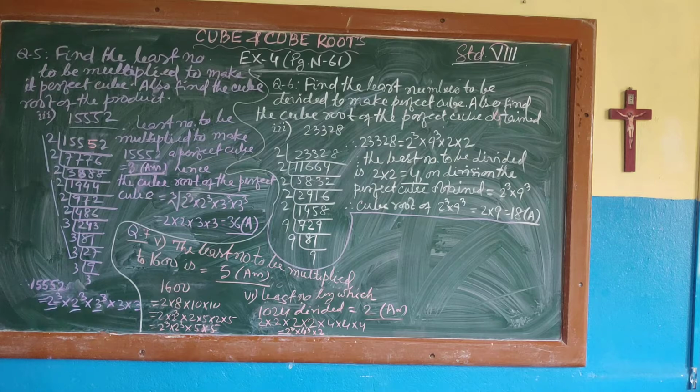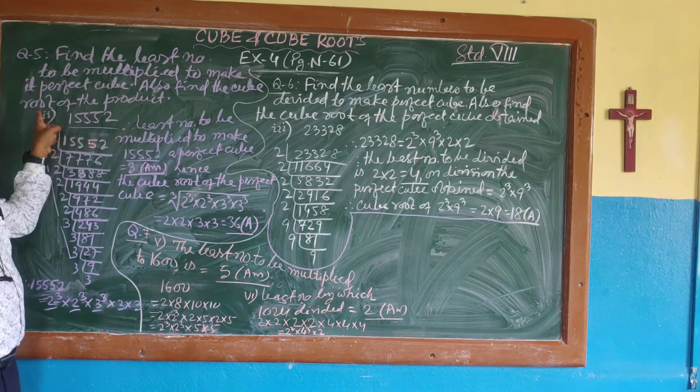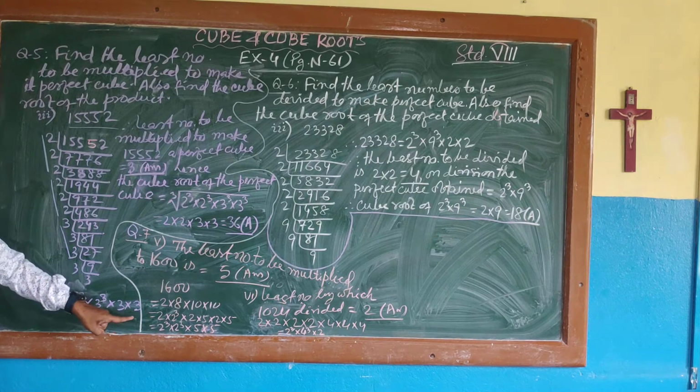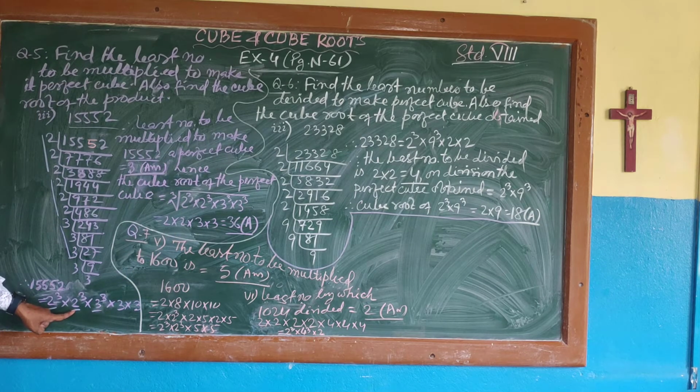That is the first answer. Now also find the cube root of the product. If you multiply this with the least number, whatever product comes, what will be its cube root? So you have written 2 cube, multiply 2 cube, multiply 3 cube, multiply again 3 cube now, if you multiply by the least number 3 to make it a perfect cube.